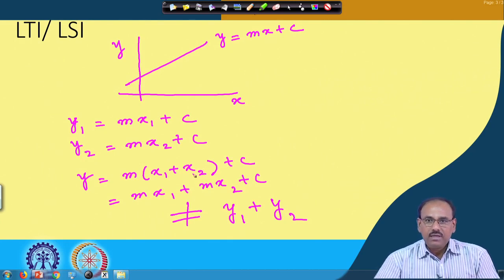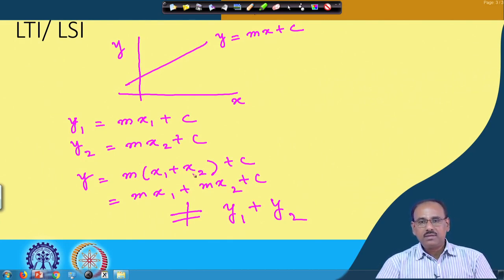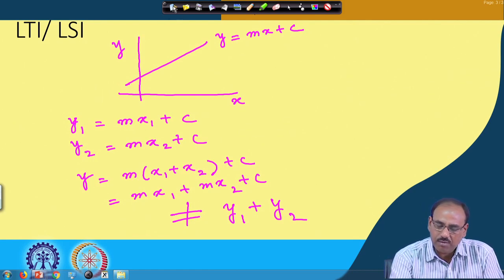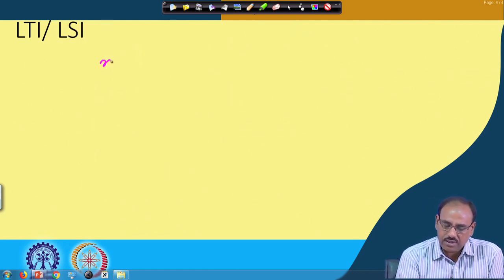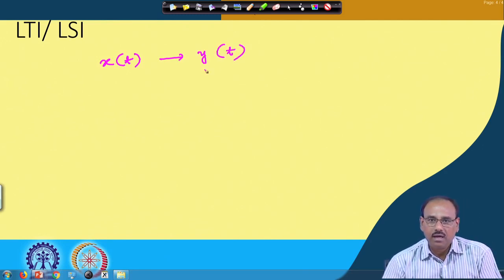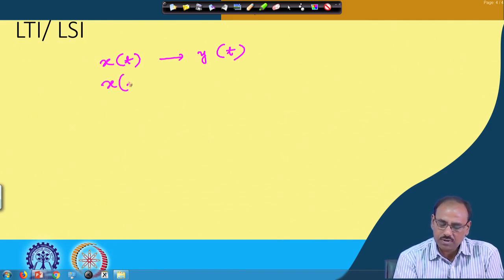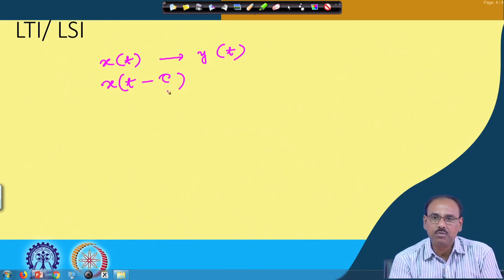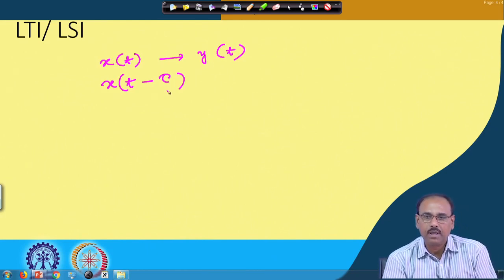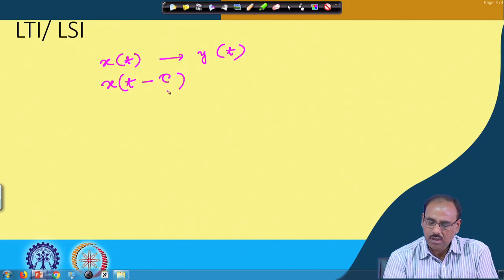Now, what is time invariance? Time invariance means that given an input signal say x(t), the corresponding output is y(t). Now, if the input is delayed by some amount say tau, so instead of x(t) I put x(t minus tau), the input signal is delayed by a delay tau.